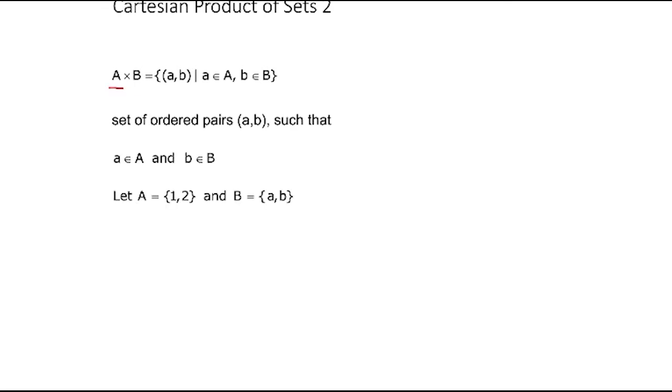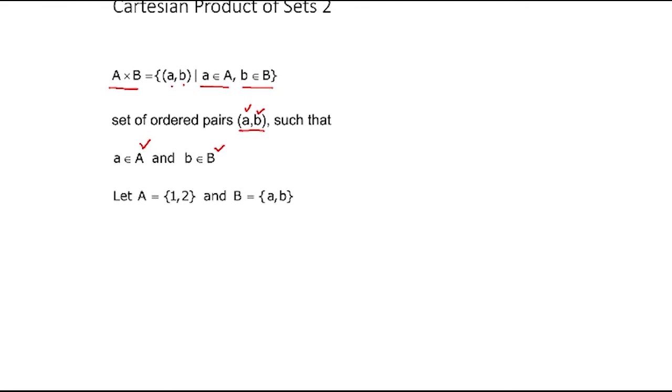So if I'm writing A cross B, A comma B means A belongs to the set A and B belongs to the set B, right? The first element goes for A and the second element goes for B only.